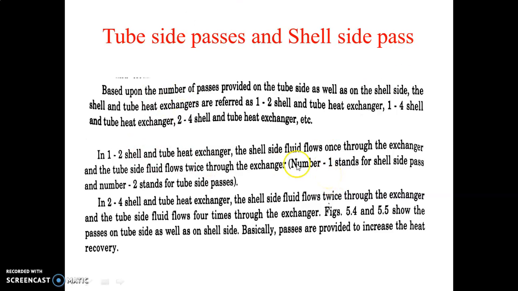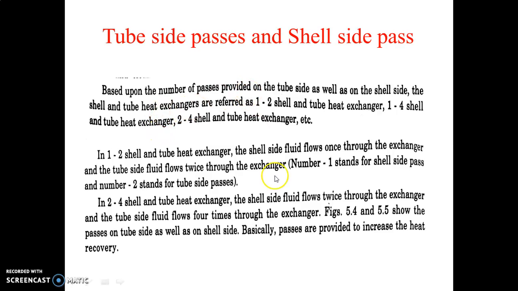So here, if we take a 1-2 shell and tube heat exchanger, this first number stands for shell side passes, always note that. And the second number stands for tube side passes.